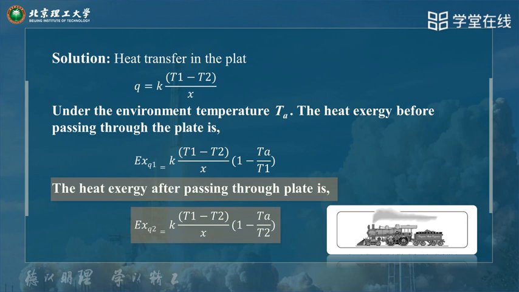So EXQ2 equals K times (T1 minus T2) over X, here is the small q, times 1 minus TA over T2, which is the Carnot ratio.